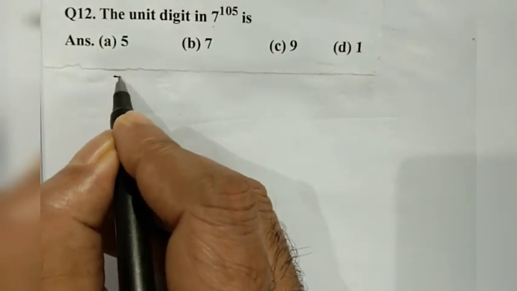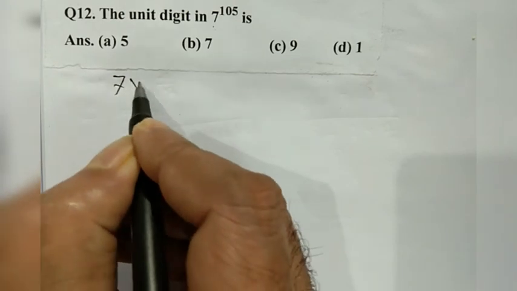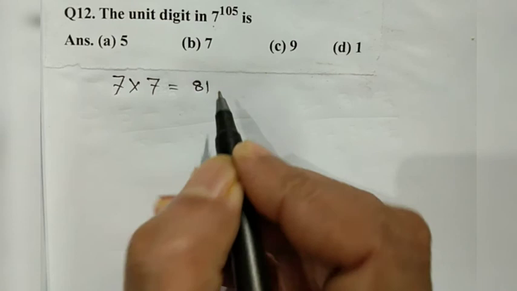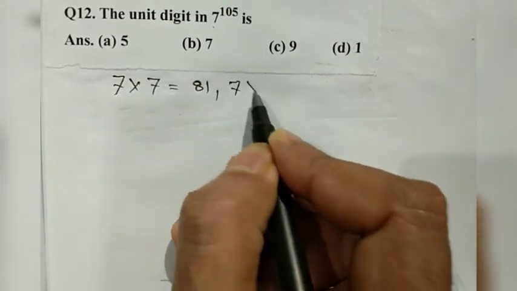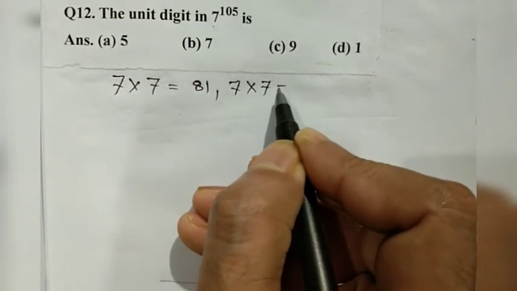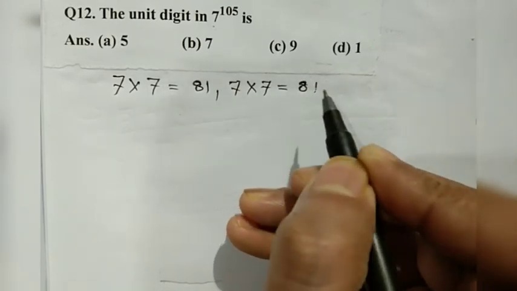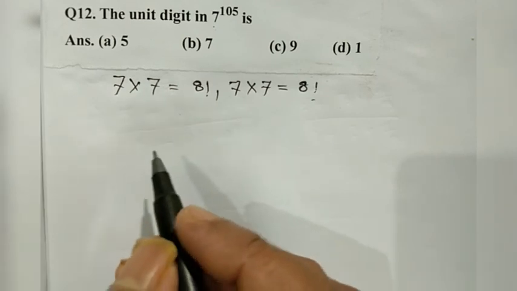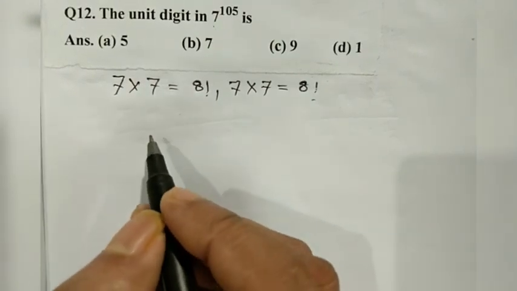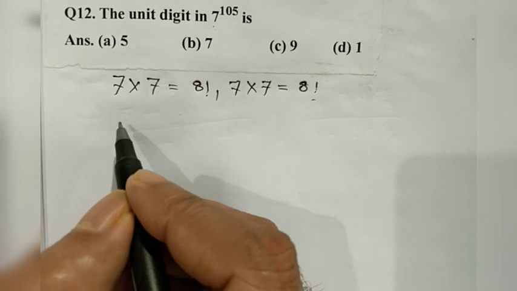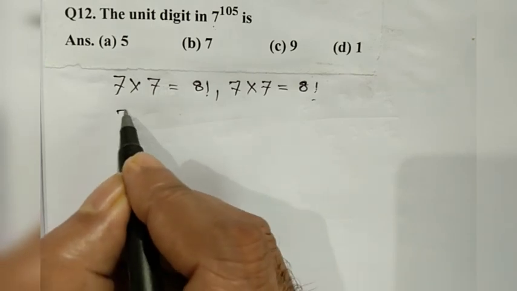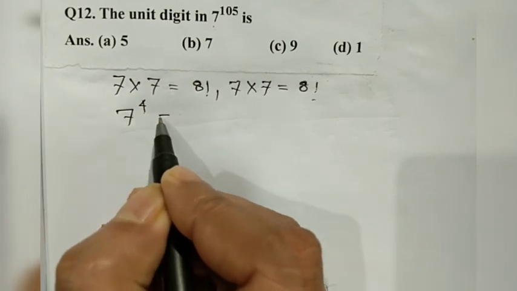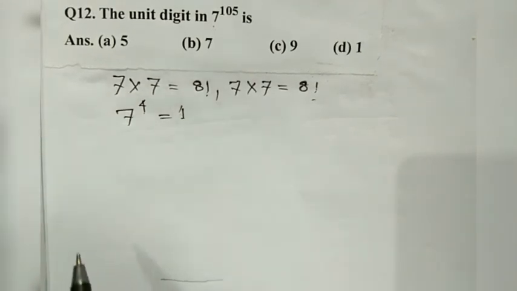We know 7 into 7 equals 49, 49 into 7 ends in 3, and 7 to the power 4 ends in 1. So the unit digit of 7 to the power 4 is 1.